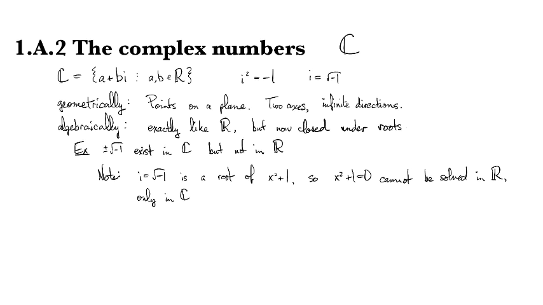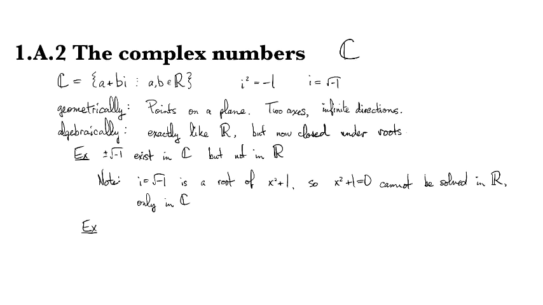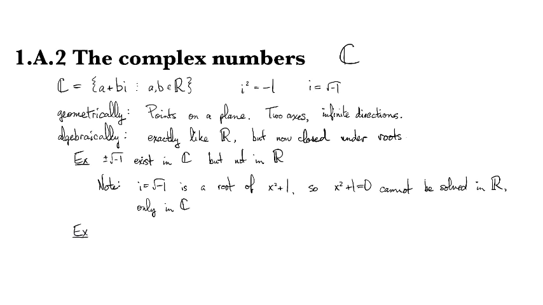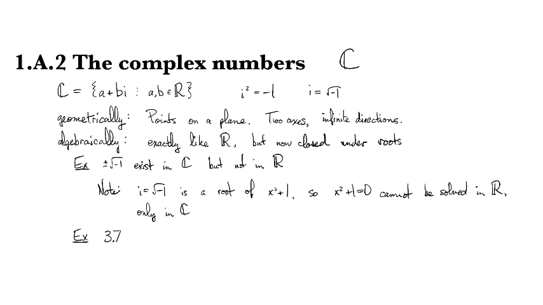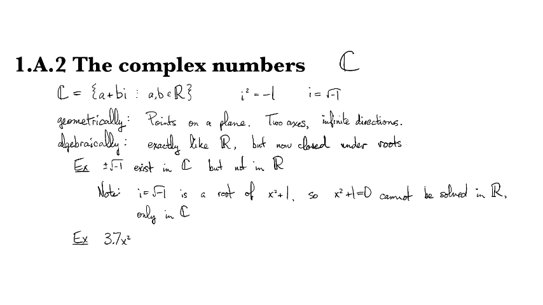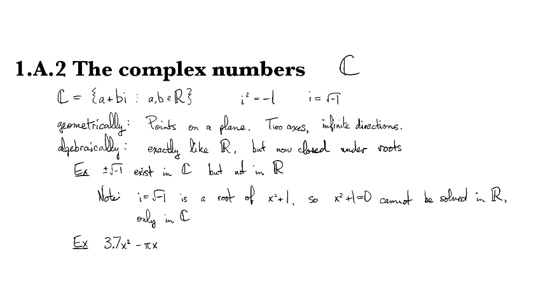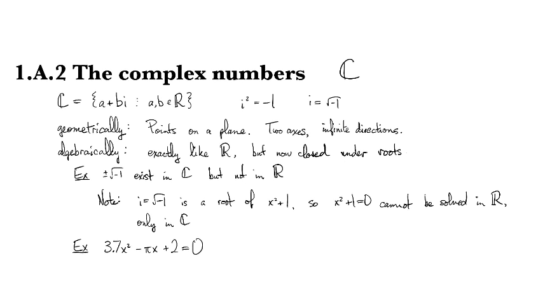What else? So that's what I mean by closed under roots: taking roots of polynomials that have coefficients from the set. So here's another example. Say we take something like 3.7 x squared minus pi times x, pi is a real number, right? Plus 2 equals 0.